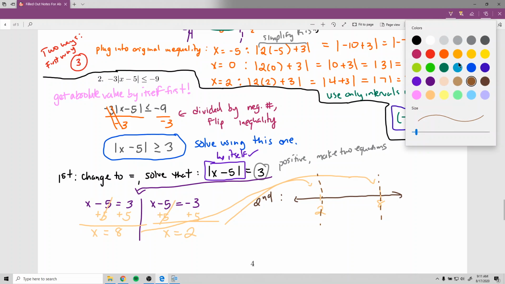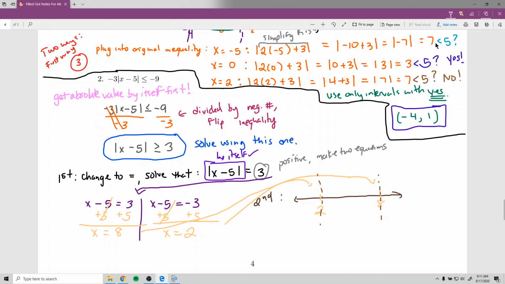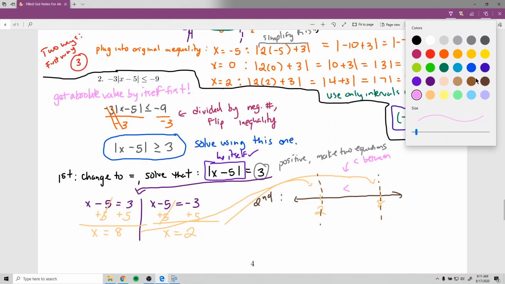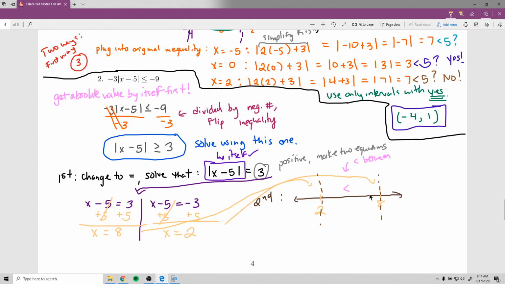But now that I have that shortcut that we talked about before, this is going to be where we have less than, between, if we're solving less than, and then if we're solving greater than, we use the two outsides.